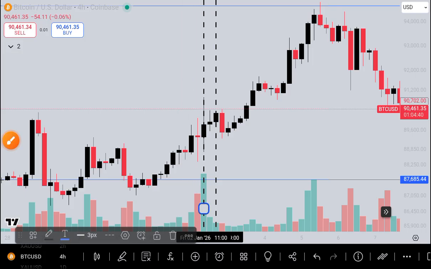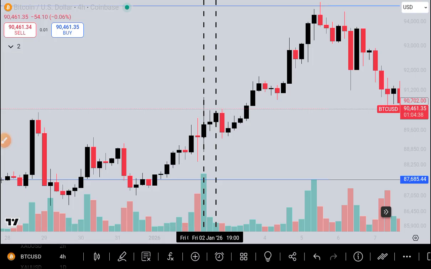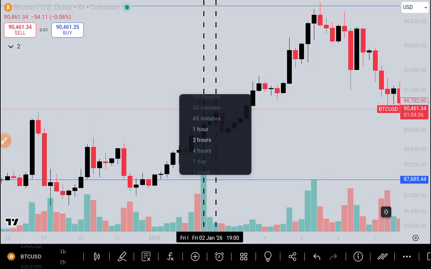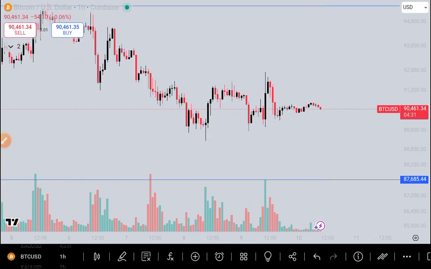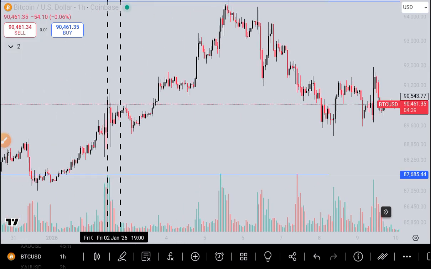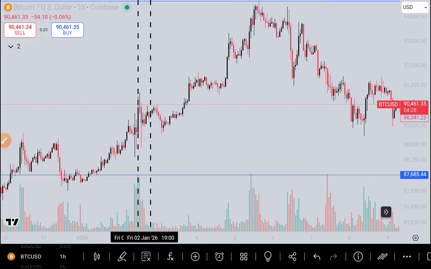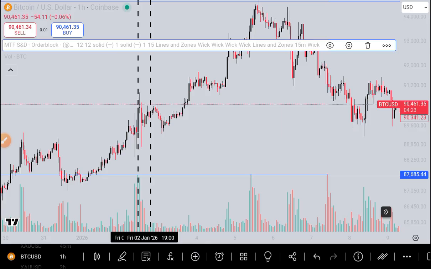Let's mark this candle and then go down to probably the 1 hour time frame. Follow this carefully. I'm going to put on my order block indicator so that we can see what happened right there.